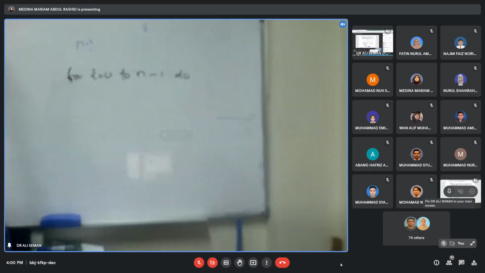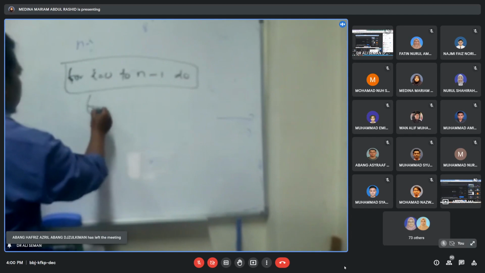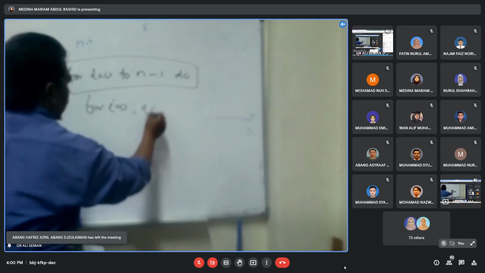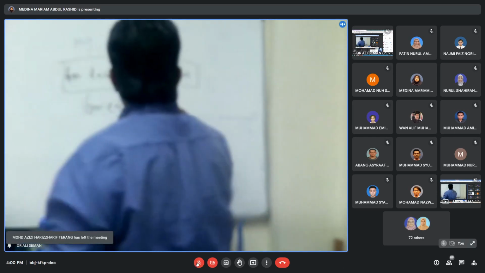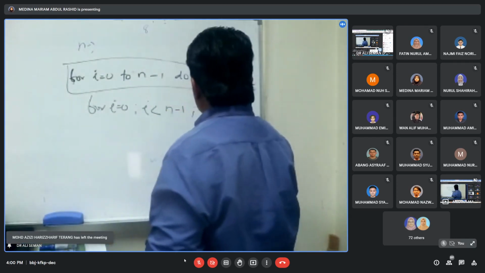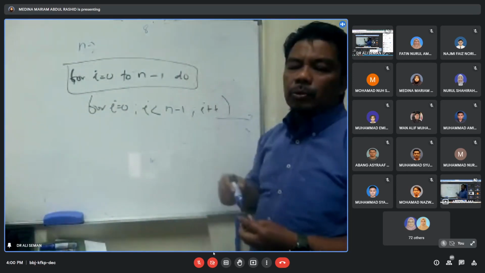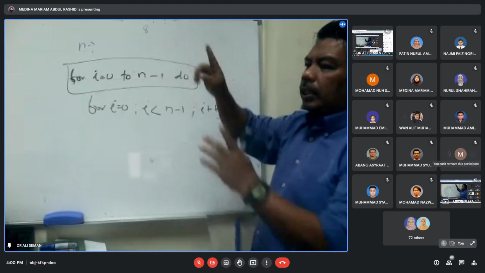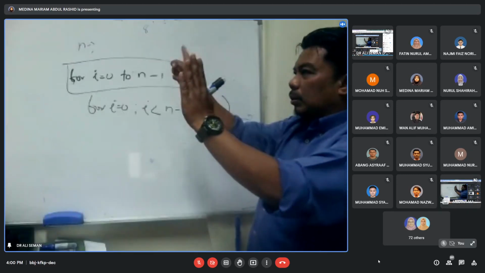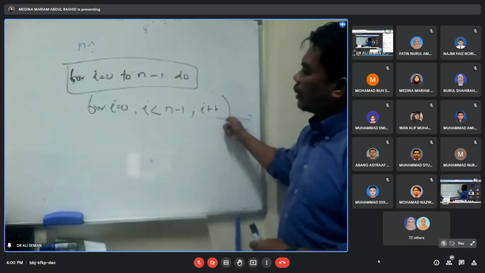This code basically, this to the code programming adalah sama dengan ini. For I equal to 0, I less than N minus 1, I plus plus. Macam ni kita nak tahu dia plus ni, dia increase by 1 sebab kita tengok algorithm tu kan. Itu multiplication, dia akan compare, calculate, multiply A dengan B tu. 1, 1, 1. I plus plus.